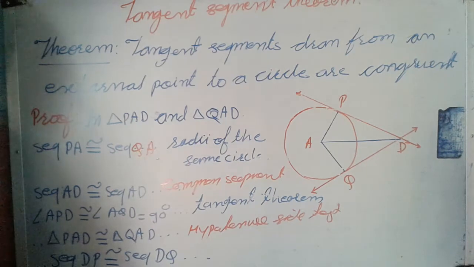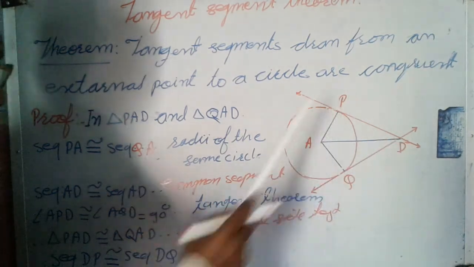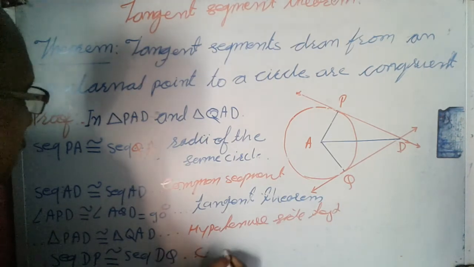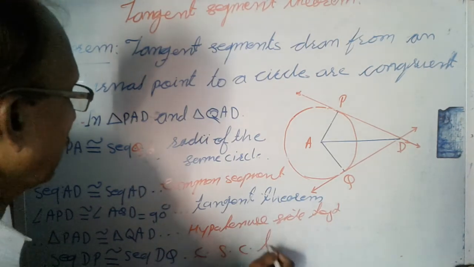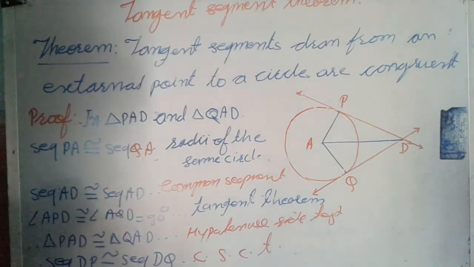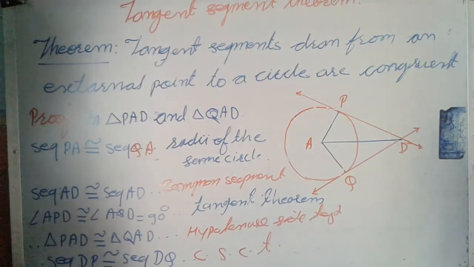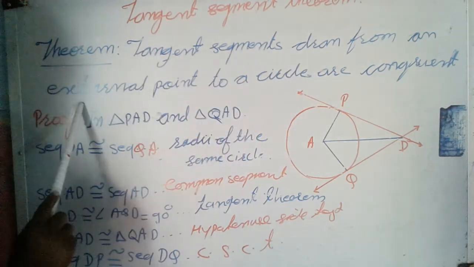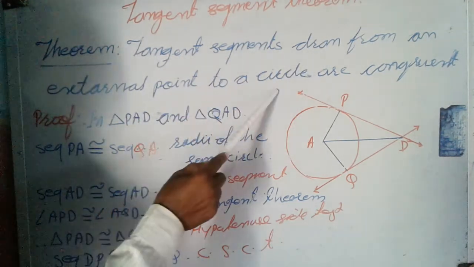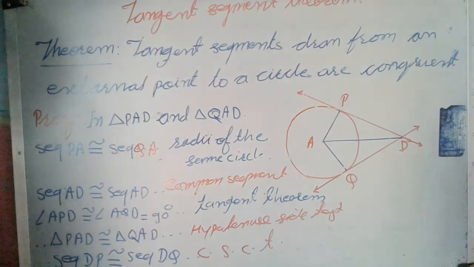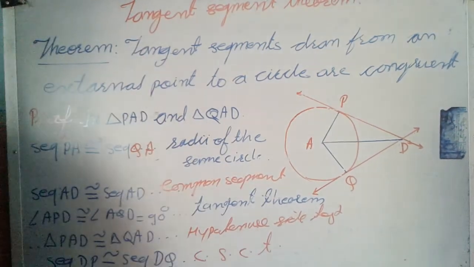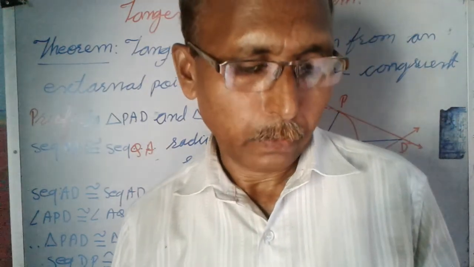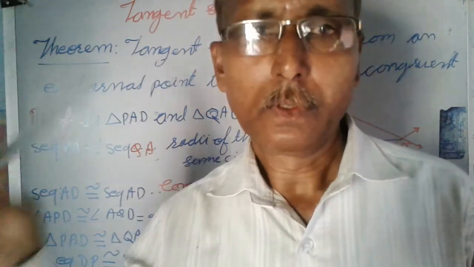Therefore segment DP is congruent to segment DQ, because corresponding sides of congruent triangles are congruent. In this way, we can prove that tangent segments drawn from an external point to the circle are congruent. Now in the next period we will solve examples on this theorem.